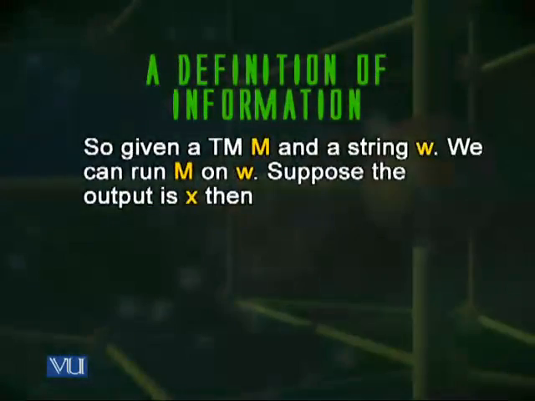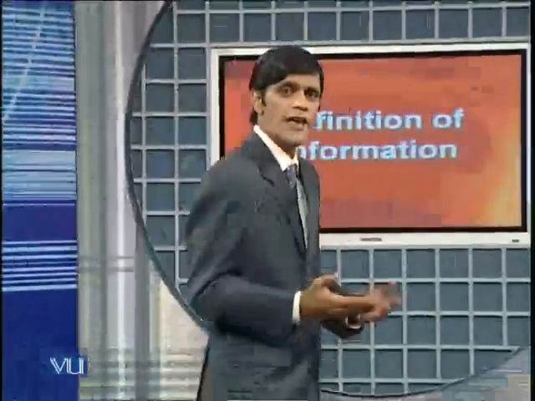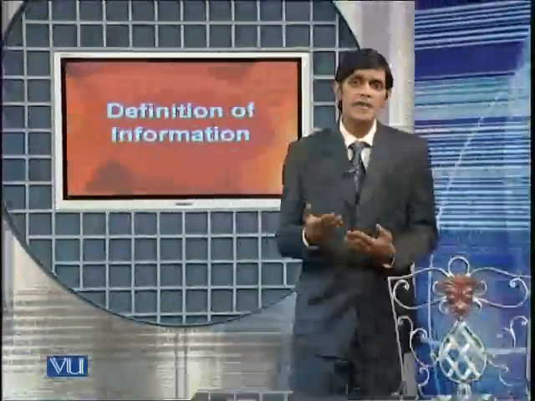So given any Turing machine M and a string W, what we can do is we can run M on W, and suppose this Turing machine outputs X. So suppose I have a Turing machine M, and when I run this Turing machine M on a string W, the output is X. Then what can I do?